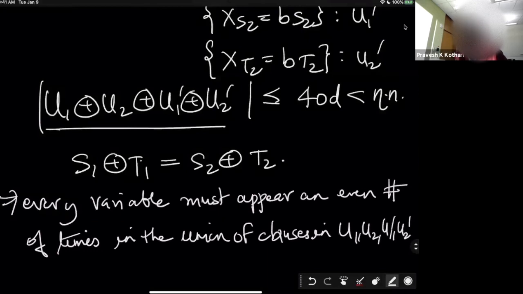Because S1 XOR T1 equals S2 XOR T2, the only way that can happen is if every variable that appears at least once in fact appears at least twice, and in general an even number of times. That's the only way that S1 XOR T1 can equal S2 XOR T2.